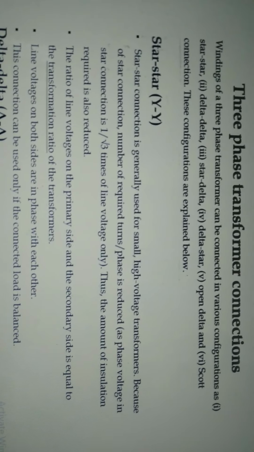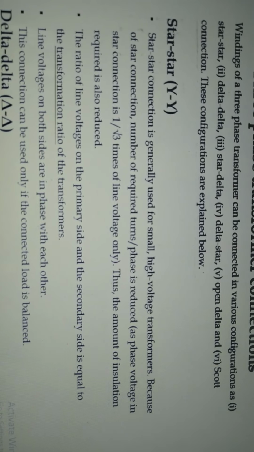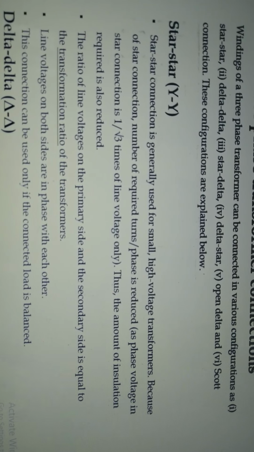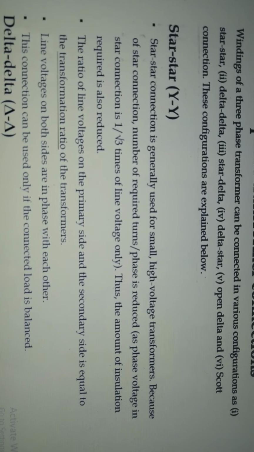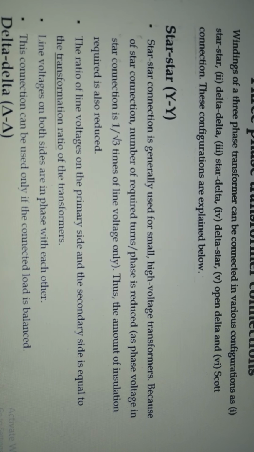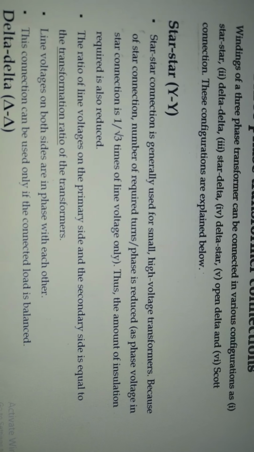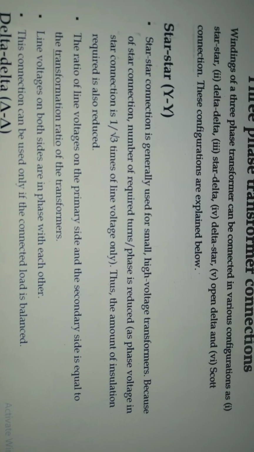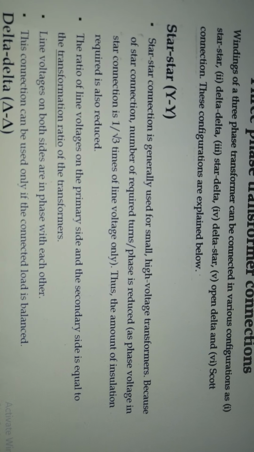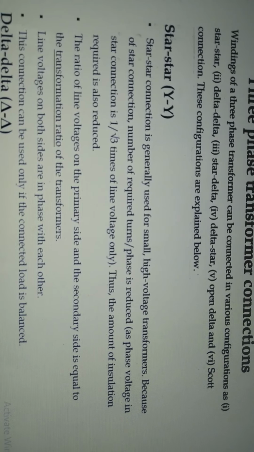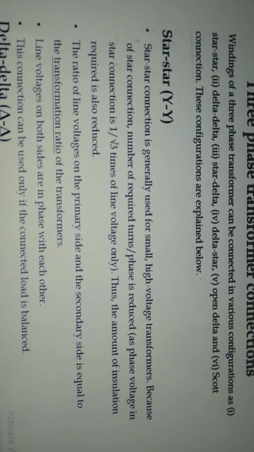See this star to star. Star to star connection is generally used for small high voltage transformers because, with star connection, the number of required turns per phase is reduced. That is, the phase voltage in star connection is 1/√3 times the line voltage. Thus, the amount of insulation required is also reduced.